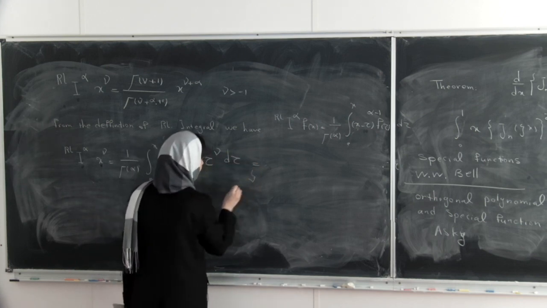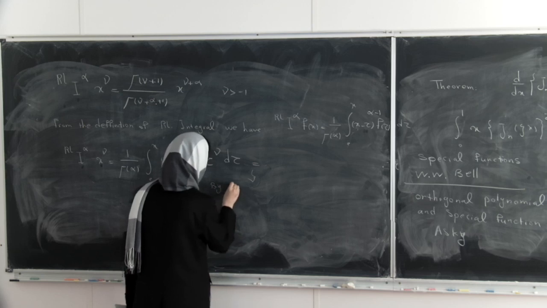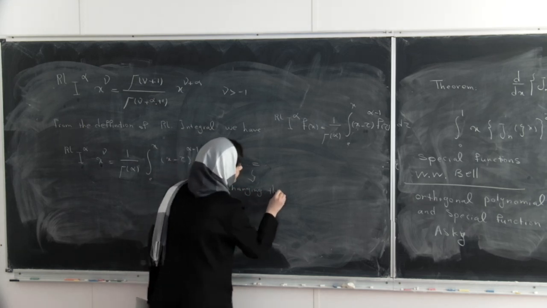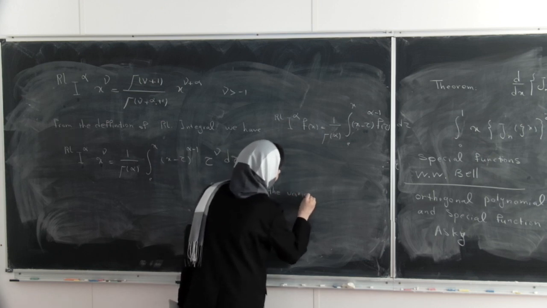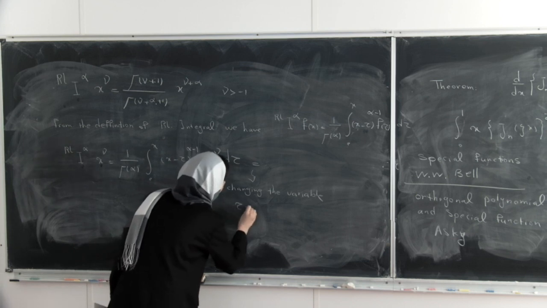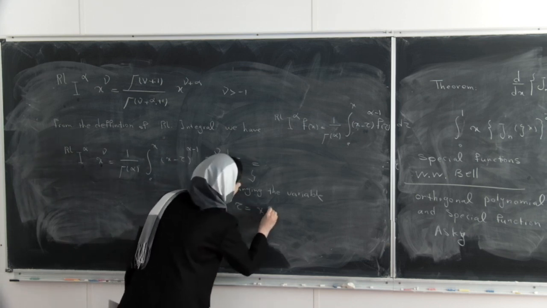Now here, by changing the variable, tau equals xs.